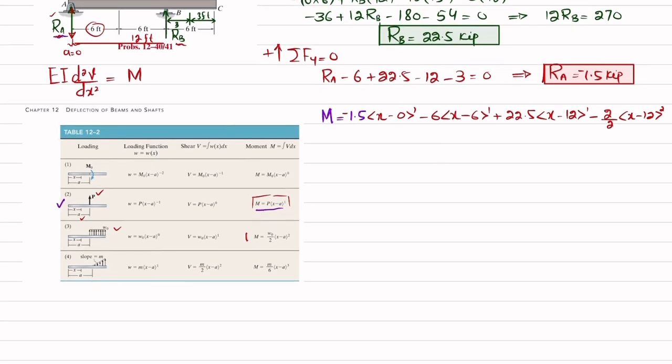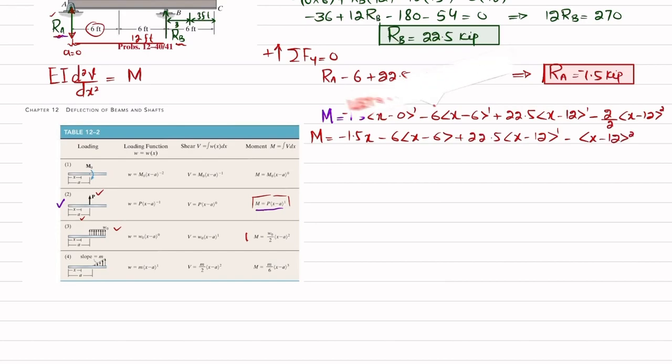I will write the equation again: moment is equal to minus 1.5 x minus 6 into x minus 6 plus 22.5 into x minus 12 power 1 minus x minus 12 square. So this is the moment equation.